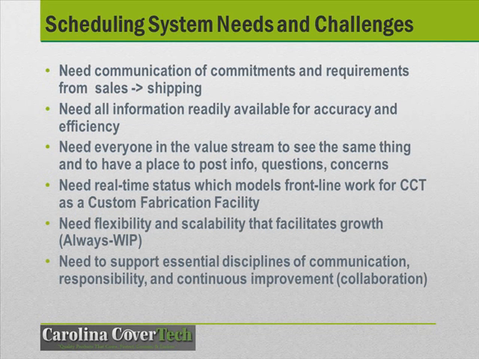So the scheduling system needs and challenges basically go like this. It's more about communication of commitments and requirements all the way through, from where the sale is made, through the manufacturing and fabrication processes every step of the way, and then finally to shipping and getting the product to the customer and getting paid.